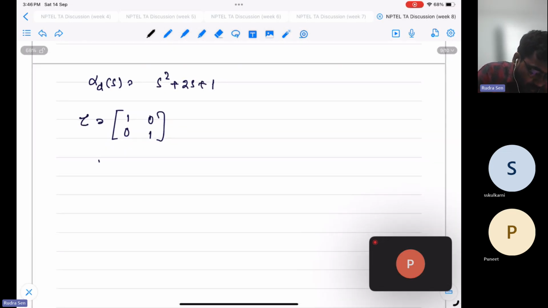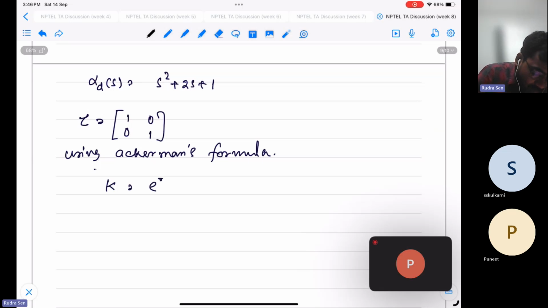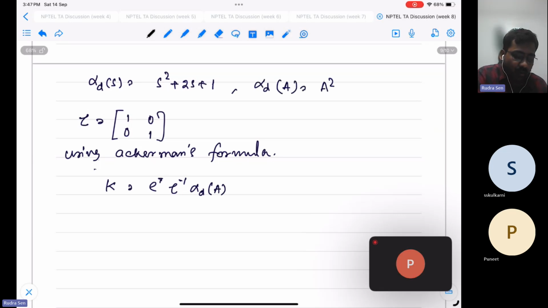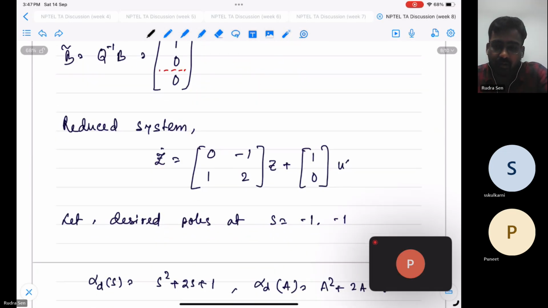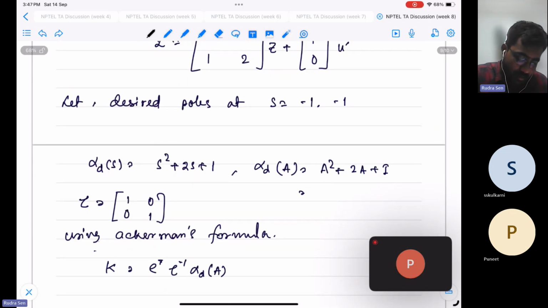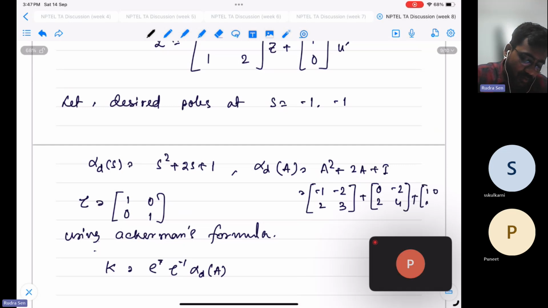Using Ackermann's formula, what we can do? Using K equals e transpose C inverse alpha d of A. So I need to find alpha d of A, which is A square plus twice A plus I. So A square would be -1 -2 2 3, plus 2 into A, so 0 -2 2 4, plus 1 0 0 1.